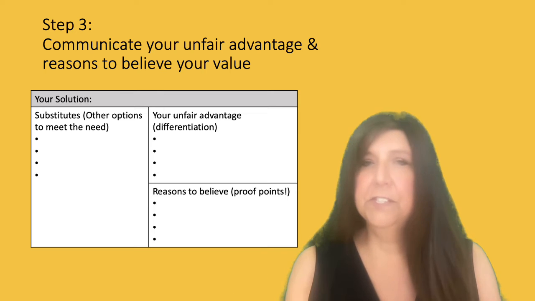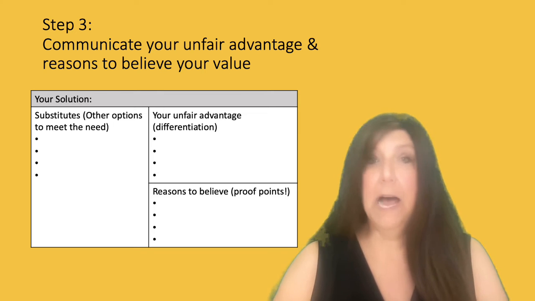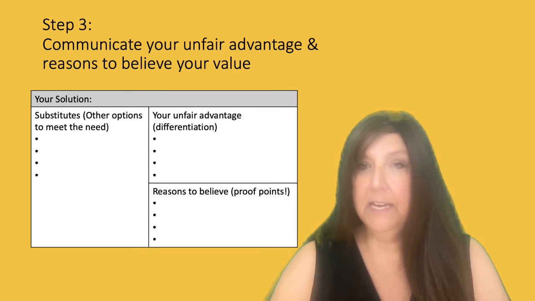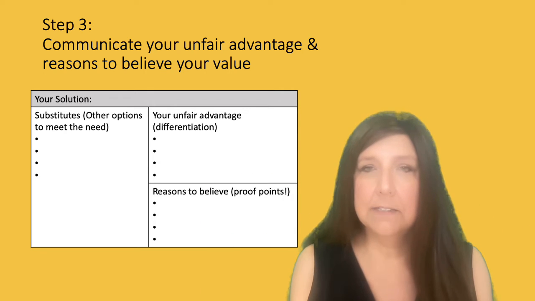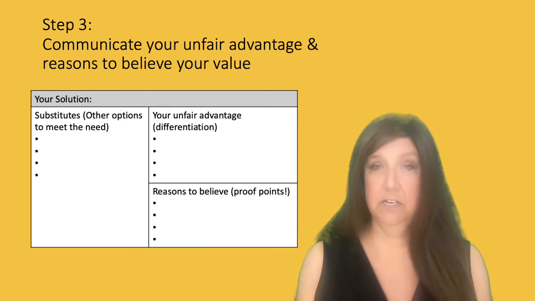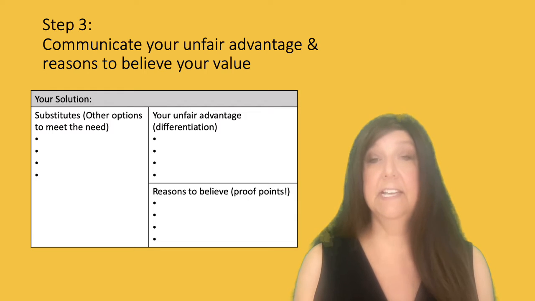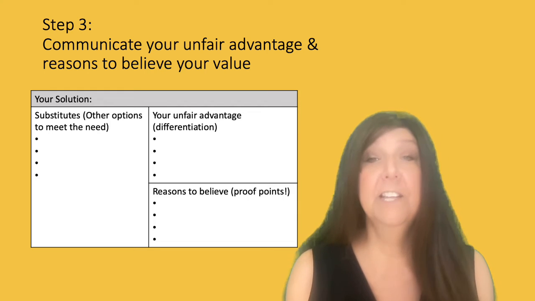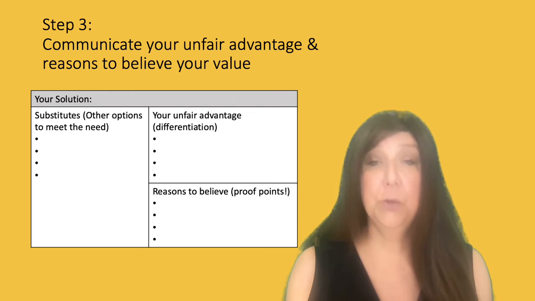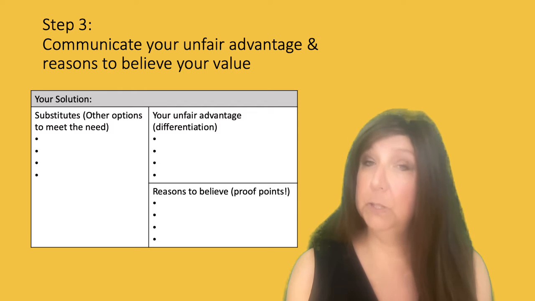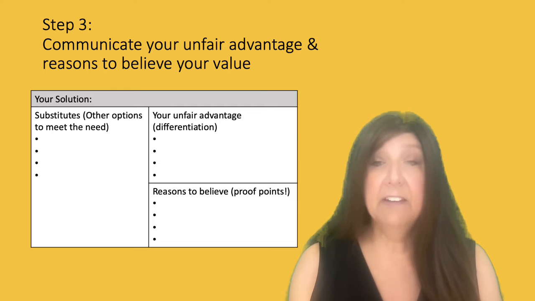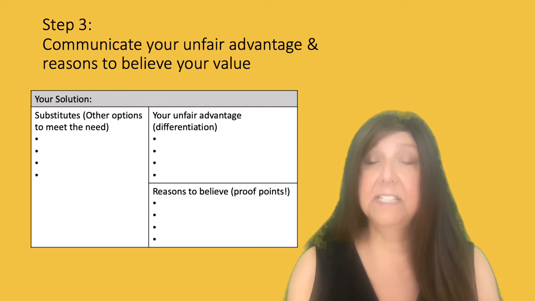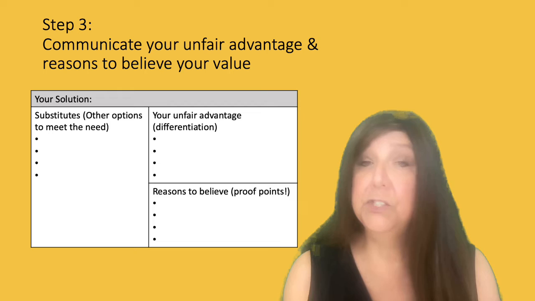And that you're just not saying, I'm the best, I'm the greatest, we have the highest quality service, blah, blah, blah. That doesn't matter. What matters is that you have proof that you are the best, that you have an unfair advantage, and you play to that. So I call these proof points. Every position statement has to have proof points, or you just don't matter.